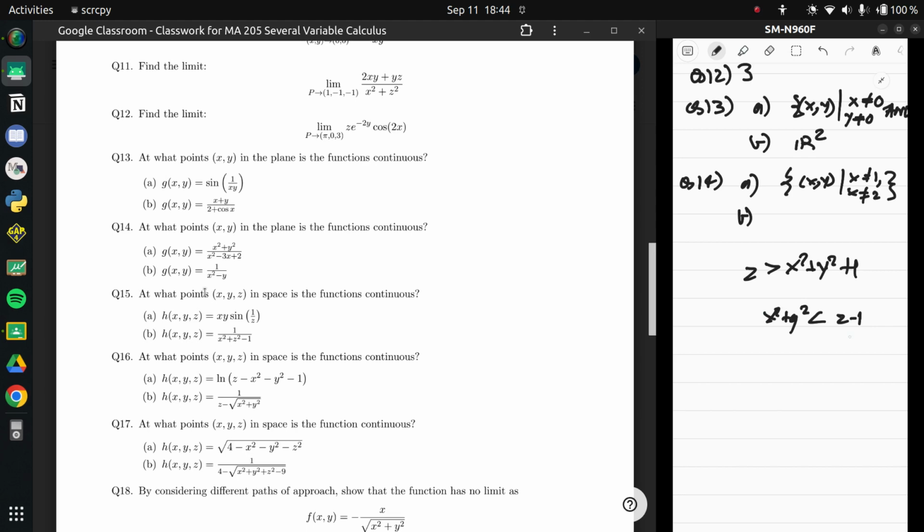That's a better way to see it. So z cannot be 1 or anything less than that, because x square plus y square is a square. So what does that mean? That z is strictly bigger than 1. And I just say all (x, y, z) such that this condition holds. We just want to give all the points where this happens, right?